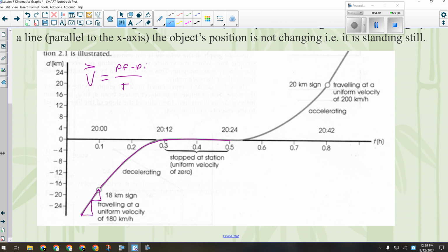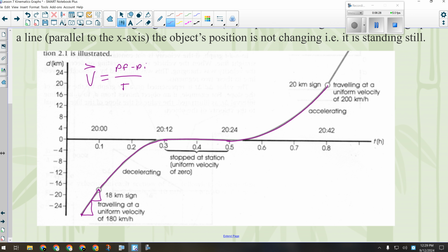Okay? All right. Now, after this period of time where it's stopped at the station, the line does this and curves upwards. Now, it's labeled as accelerating. How do I know that on that line it's going faster? It's getting steeper. Exactly, it's getting steeper here.